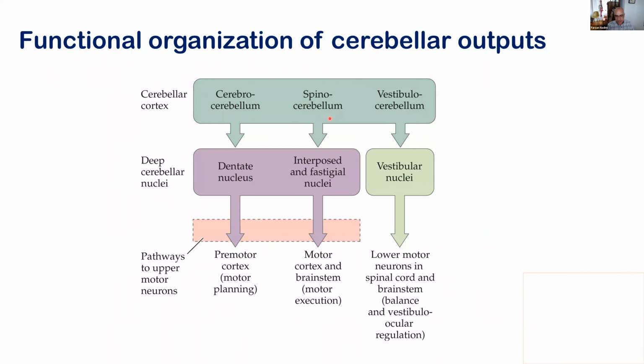And the spinocerebellar parts project through the interposed and the fastigial nuclei to both the motor cortex and the brainstem. And from those, they project back to the spinal cord to control the movements of the parts of the spinal cord that are directly or indirectly projecting back to them.